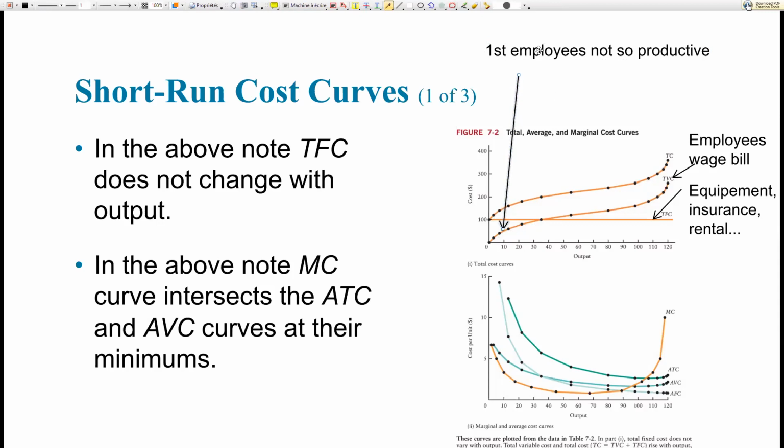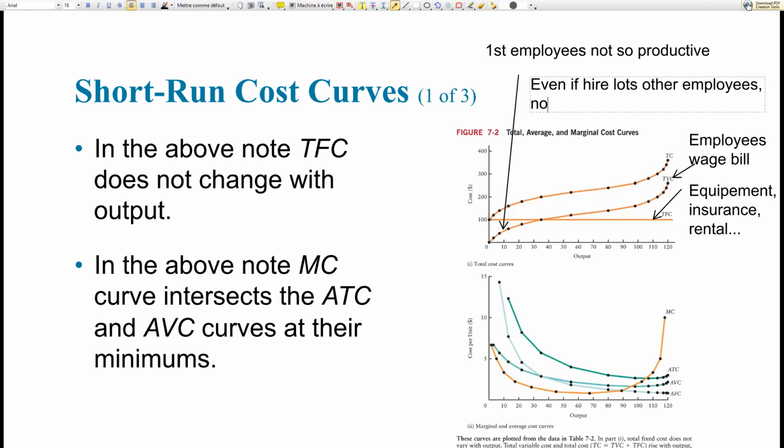And then here what happens. Employees are not so productive in this region.